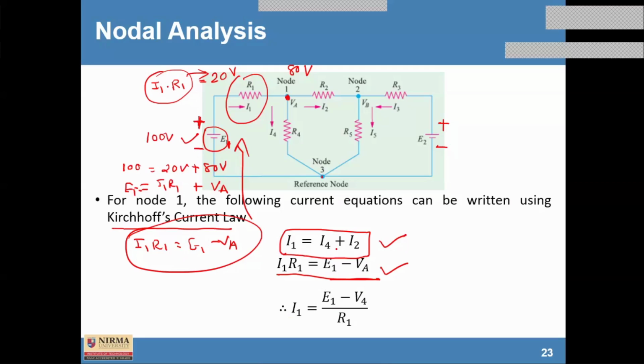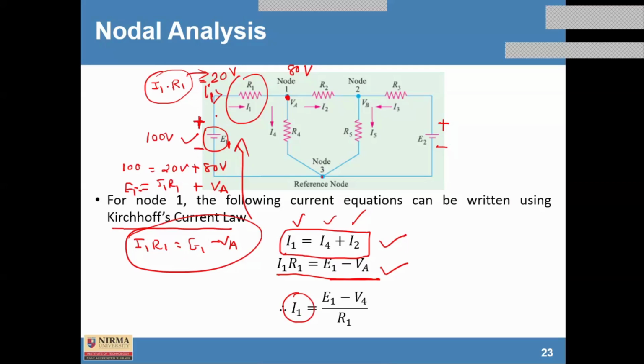Okay, so we can equate I1, because ultimately our goal is to find these different equations using I1, I4 and I2. So we can write the equation of I1, and what is I1? I1 is flowing from here.